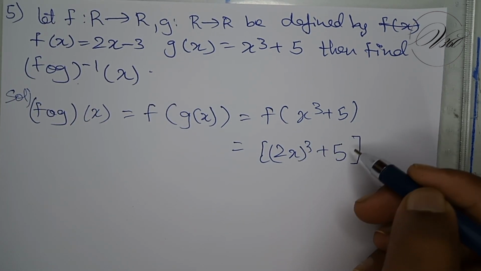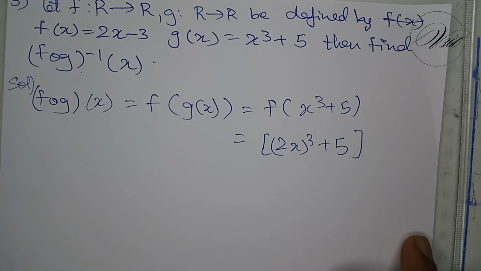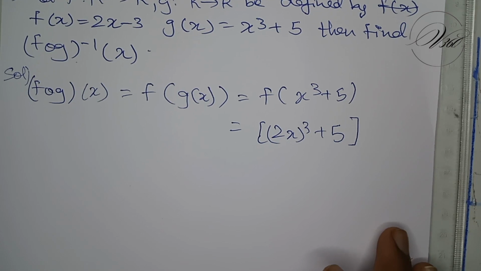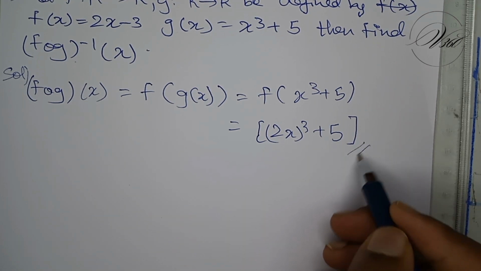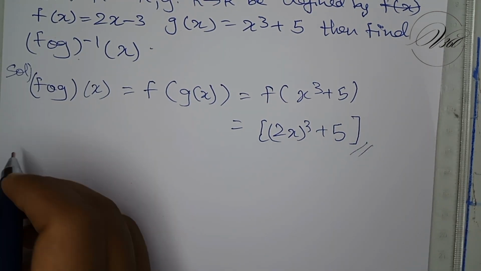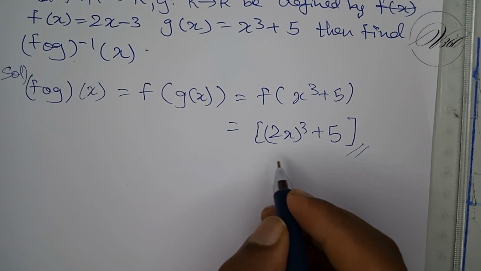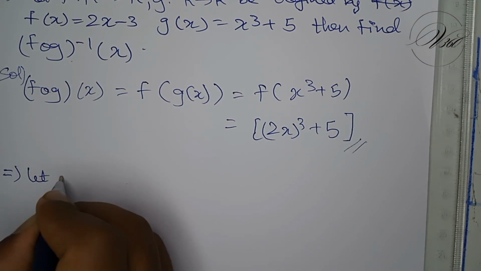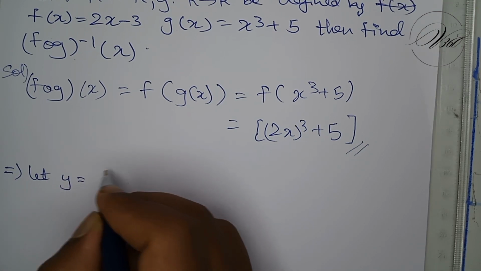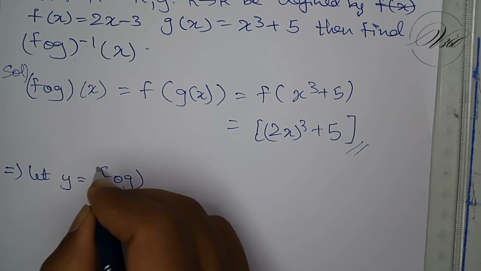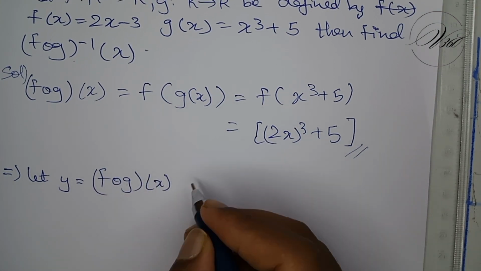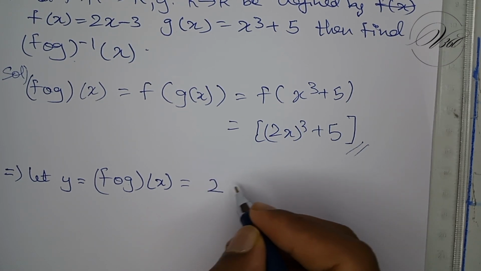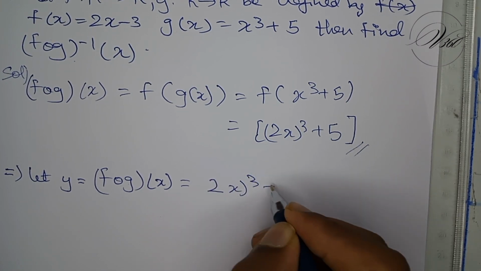Okay, this is the answer for f of g of x. Now we'll think that let y is equal to f of g of x is equal to 2x cube plus 5.